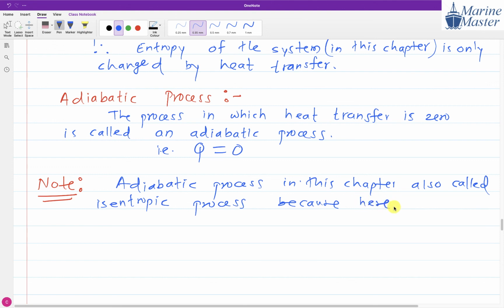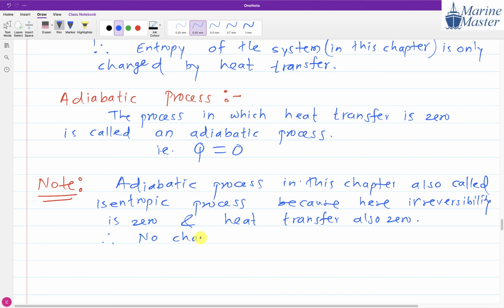Here irreversibility is 0, and heat transfer is also 0, meaning no heat addition, no heat rejection. Therefore, no change in entropy.